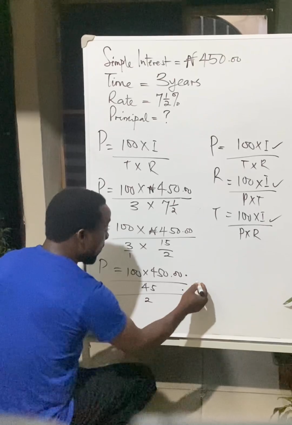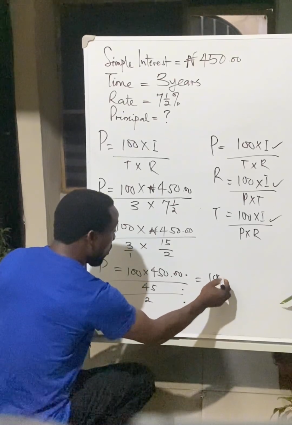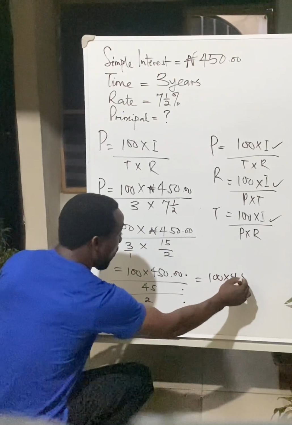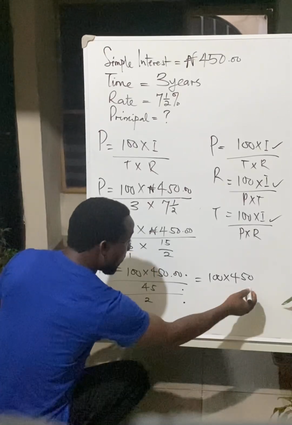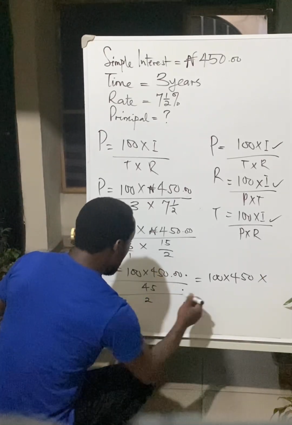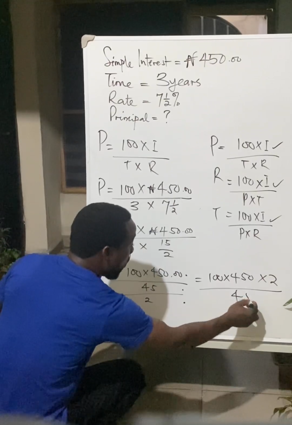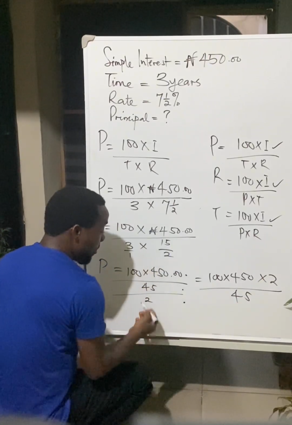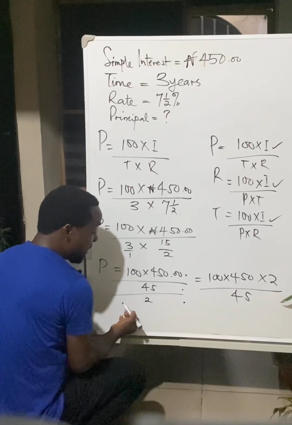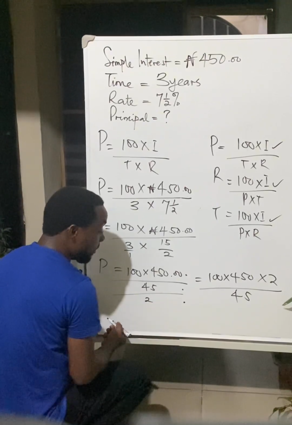So this becomes 100 times 450 times 2 all over 45. This times this divided by the middle.